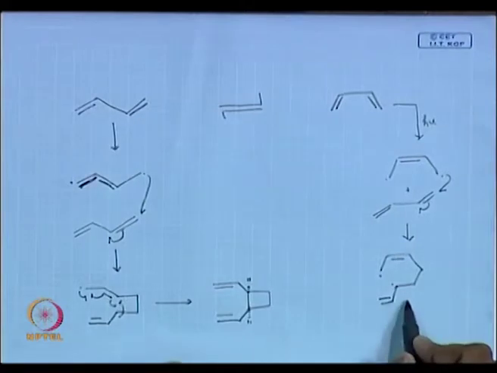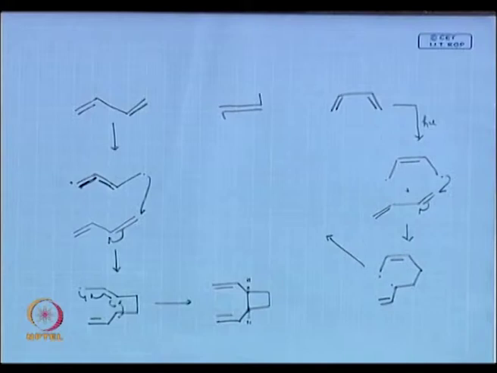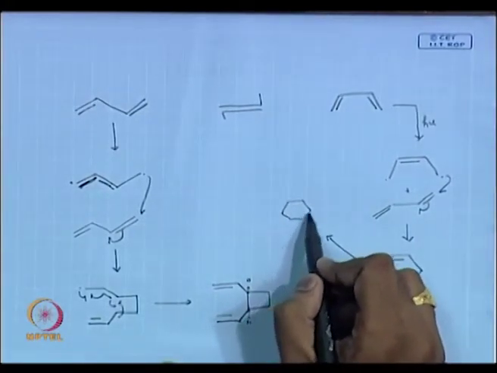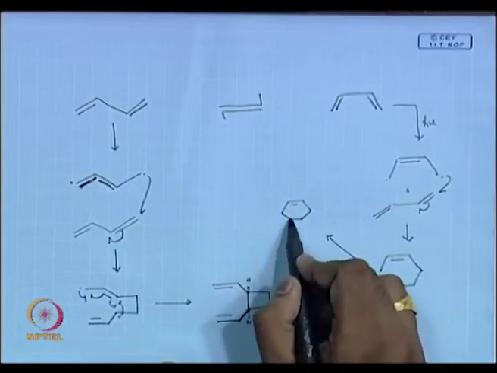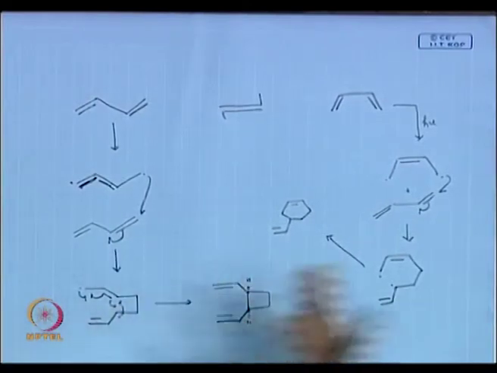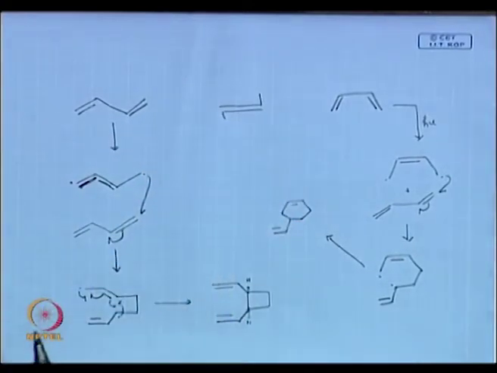This can then cyclize, and give me this product. So, one I have taken in a zwitterionic manner, another I am taking in a triplet radical chemistry, fine.